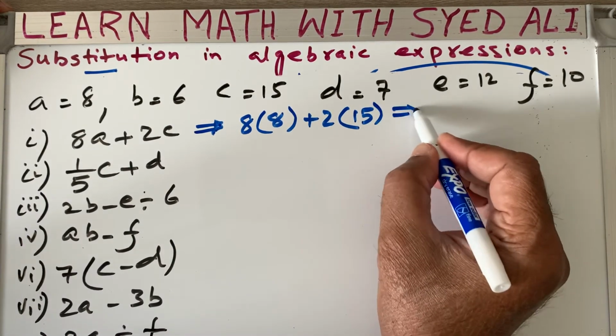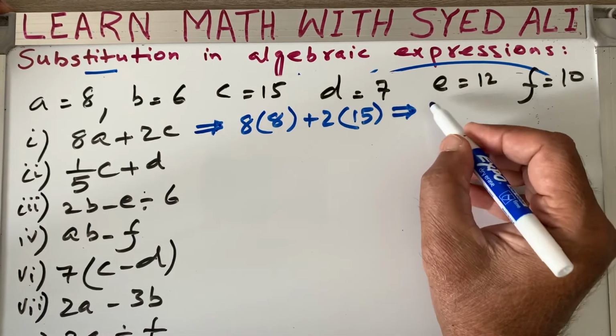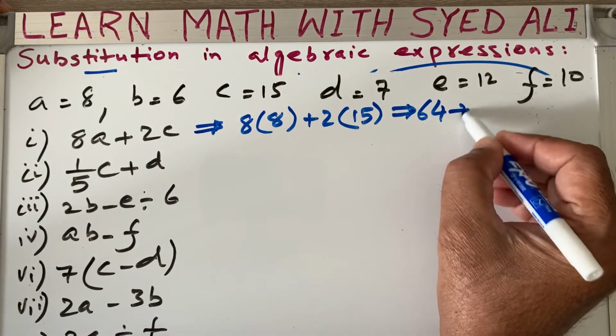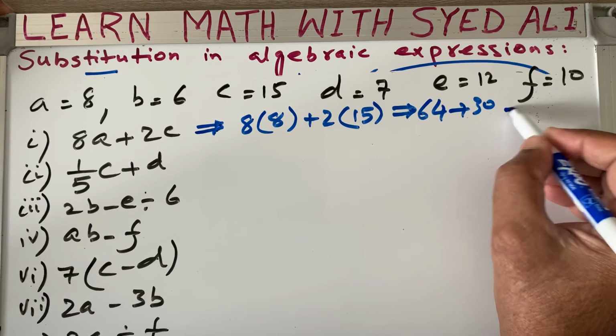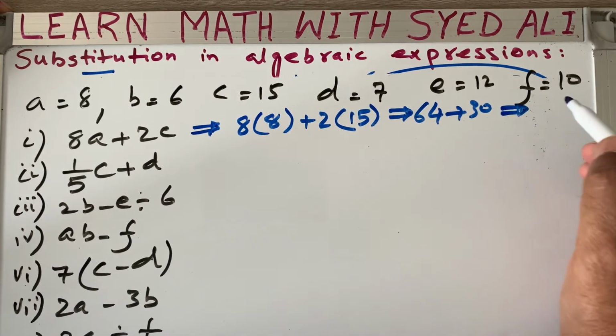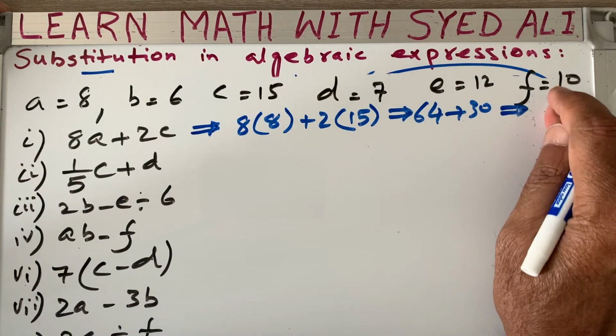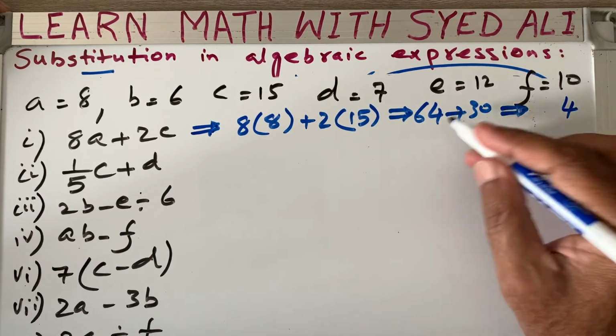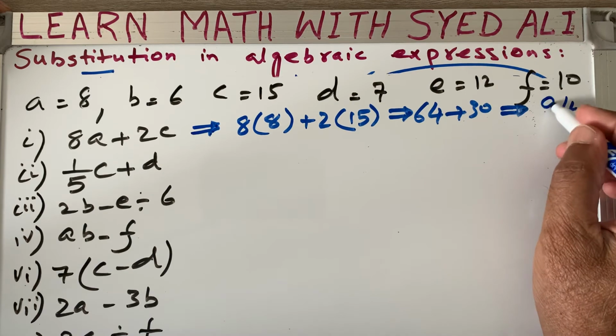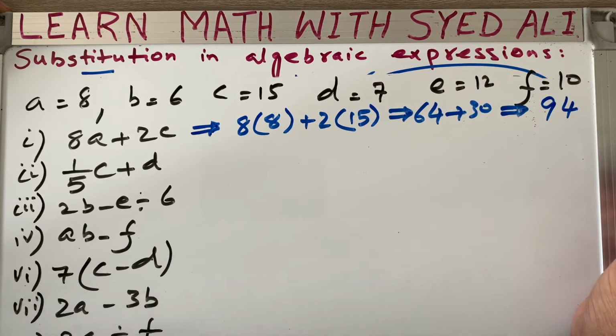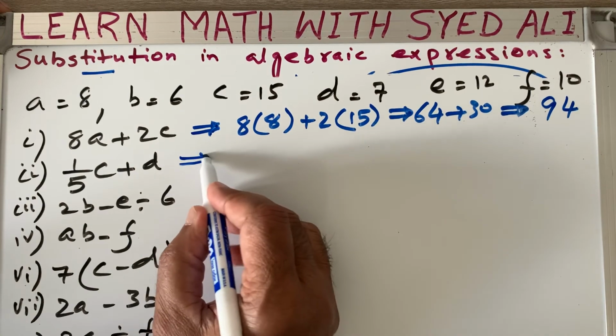Then you simplify it: 8 times 8 is 64, plus 30, and you have 94 as your answer. So you just plug in the values and solve the expression.